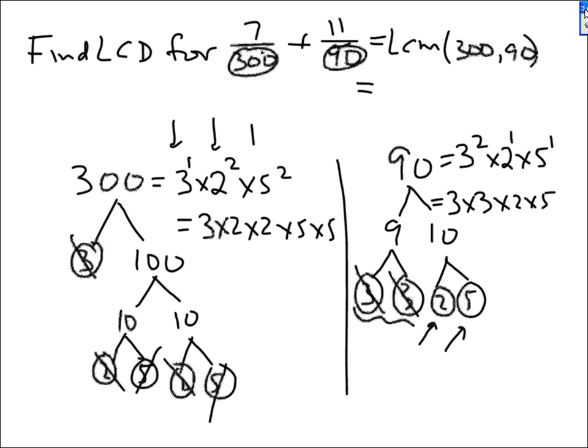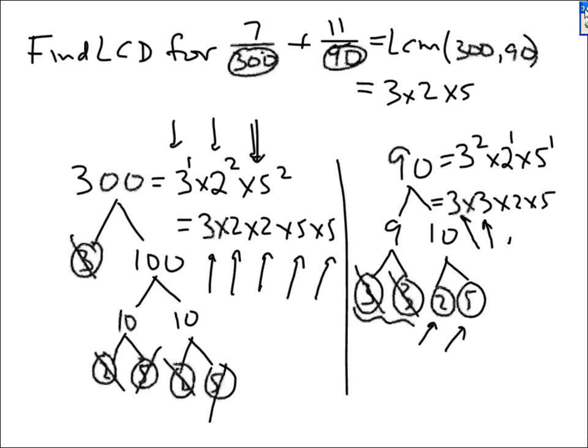3 or 2 or 5, you can look here. 3, 2, I already said 2, 5, we'll look here and get 5s again. 3 I already put, 2 I already put up here, and 5 I already put up here.